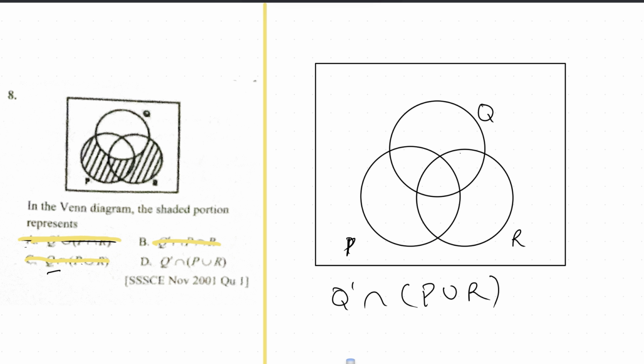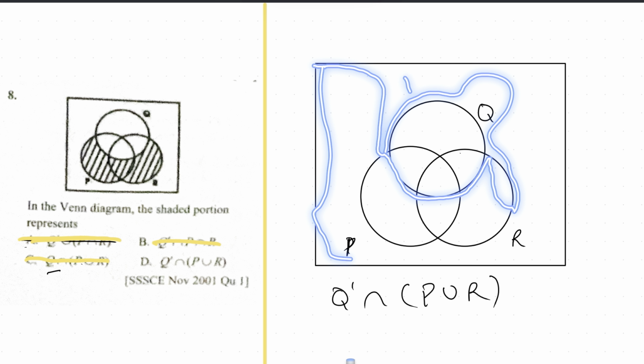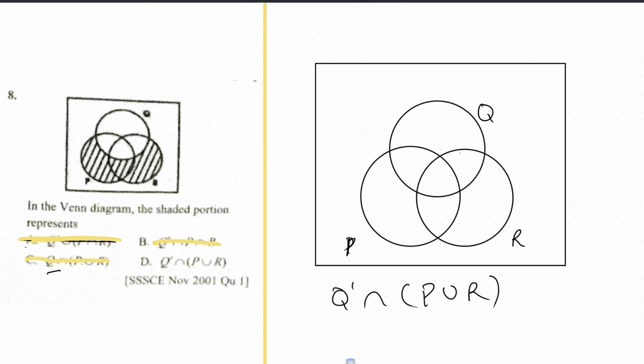Then after you find that, we need to find everything else that is outside of Q. Everything outside of Q. And then we need to find the intersection with P union R.